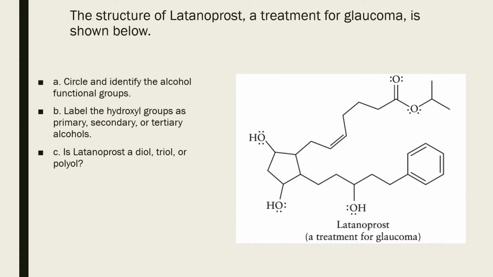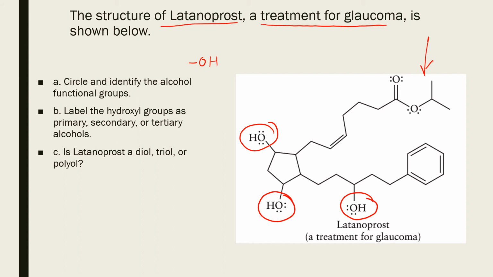Let's solve this alcohol related problem. In this problem, the structure of Latanoprost, which is used to treat glaucoma, is shown here. So first we need to identify and circle the alcohol functional groups. So remember, alcohol functional group is a OH functional group, and let's circle these functional groups.